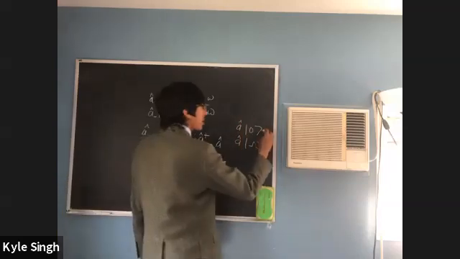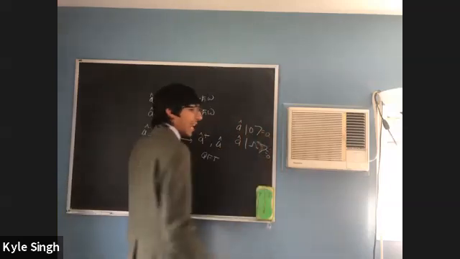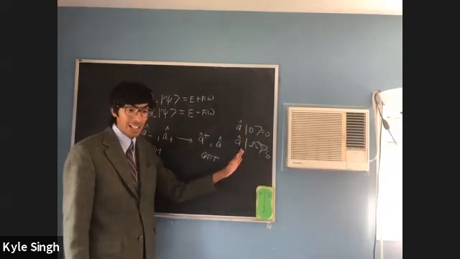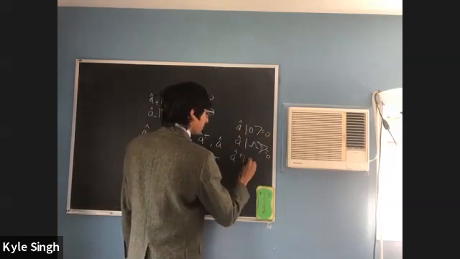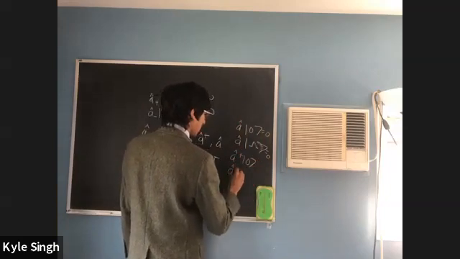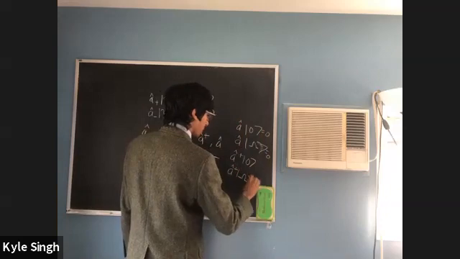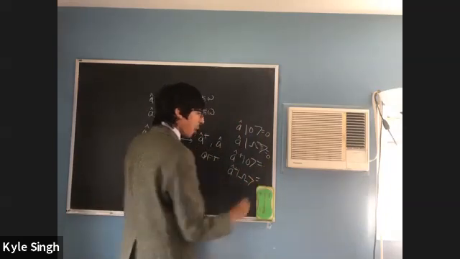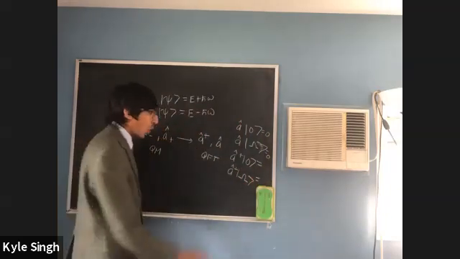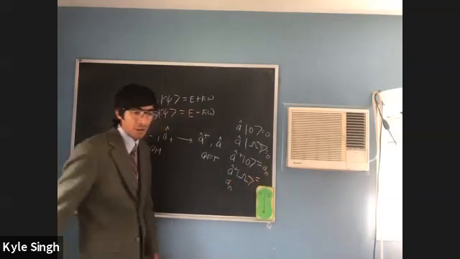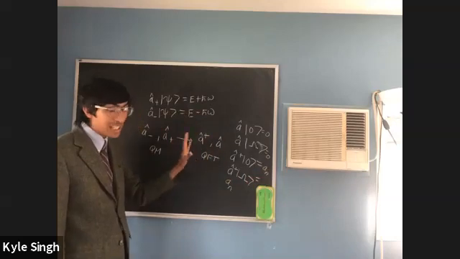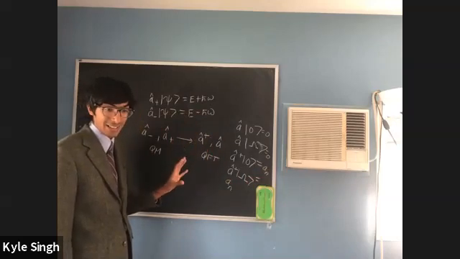I get zero, because this is going to destroy anything that's in there, and there's nothing in there. If I do A dagger on the vacuum, I get some particle out. We'll just call it A N. I get something out. So they literally create and annihilate states.